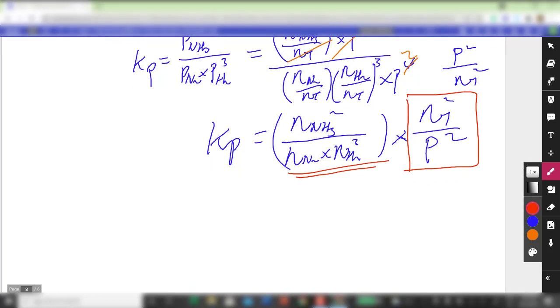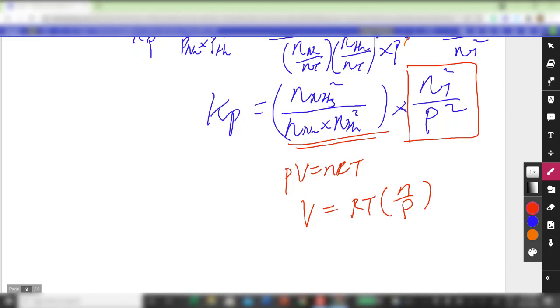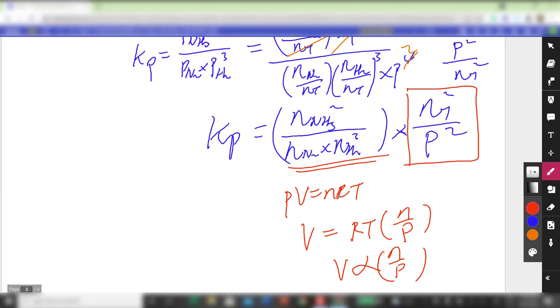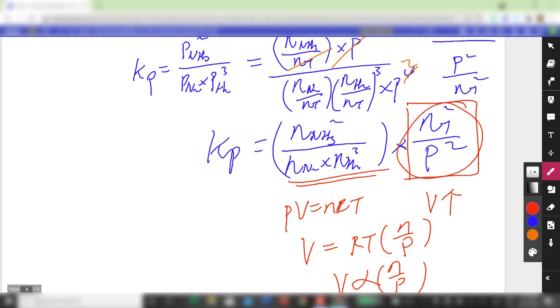From here things actually get interesting, because PV equals nRT, and therefore V equals RT multiplied by n over P. So V is directly proportional to n over P. If I were to increase my volume, this term will be bumped up.